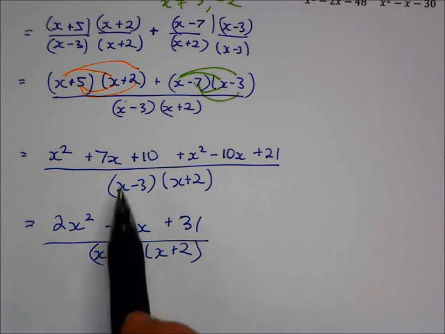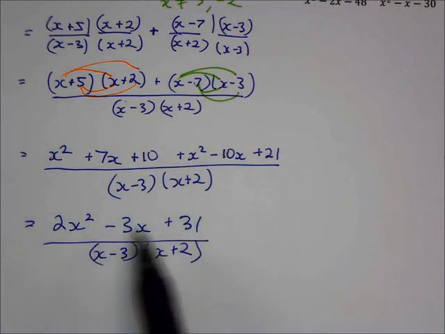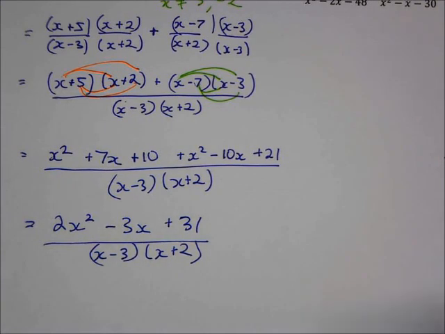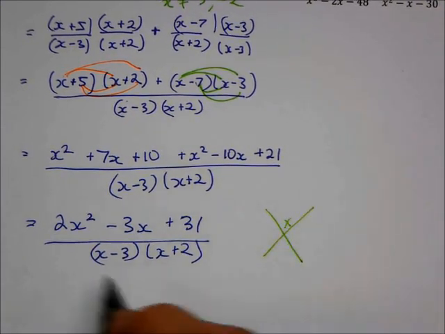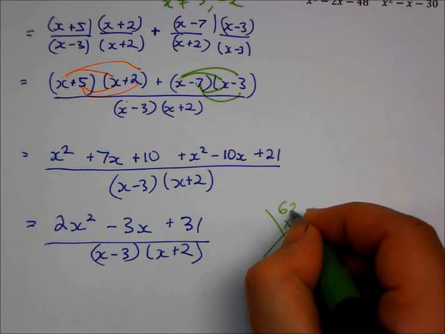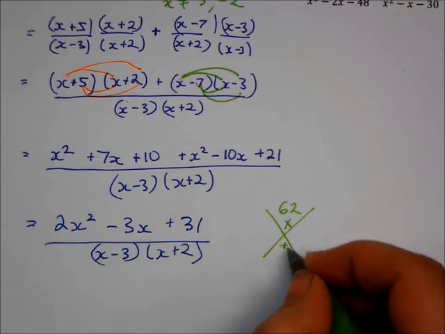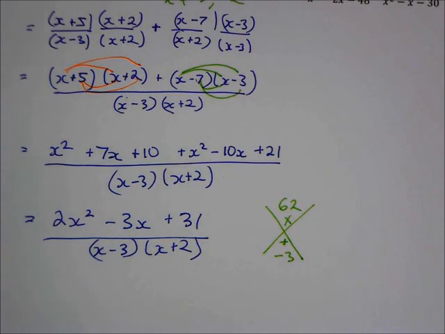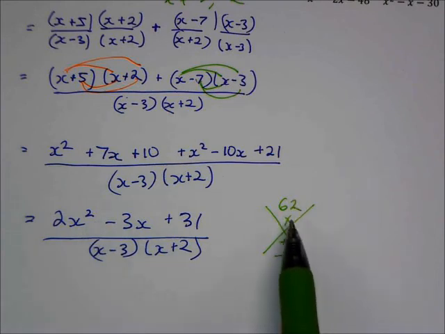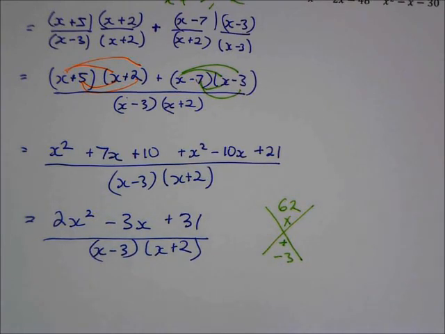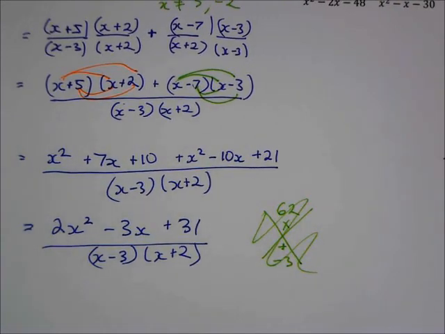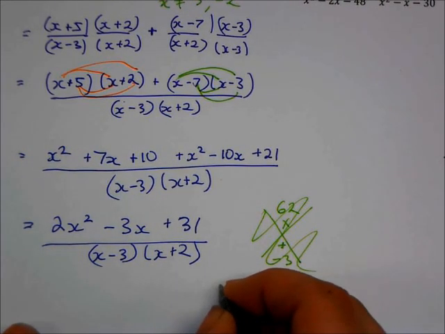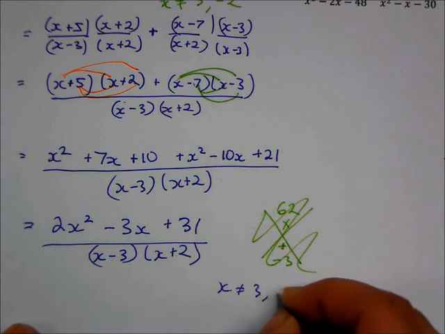So now I should be looking for 2 numbers that multiply to 62 and add to negative 3. Are there any numbers that multiply to 62 and add to negative 3? Nope. This is it. So the restrictions on the variable again are x cannot equal 3 and x cannot equal negative 2.